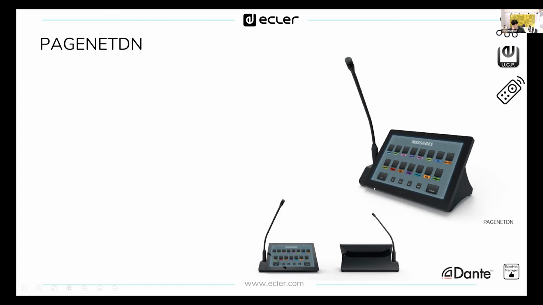But as it's like a WPNet Touch, it includes all the features of the WPNet Touch. So PageNet is a virtual paging console based on UCP panels, so you can just have the buttons you want here and get rid of the ones that you don't want.